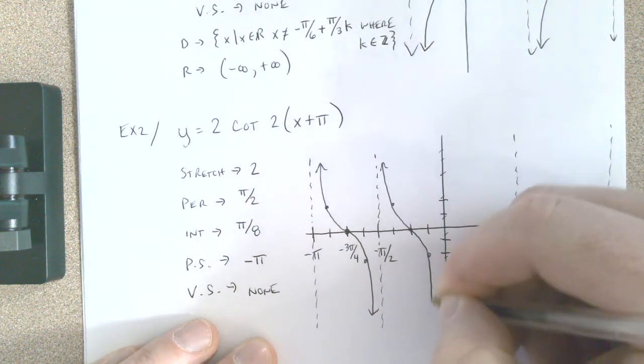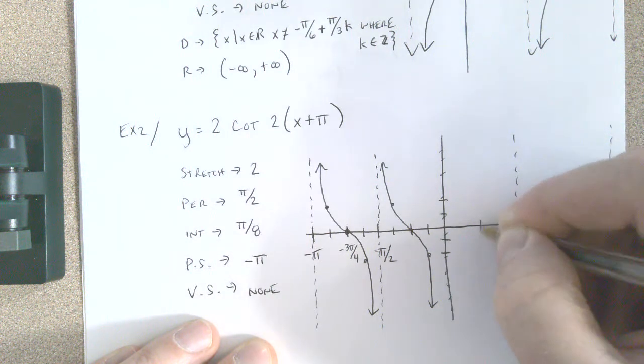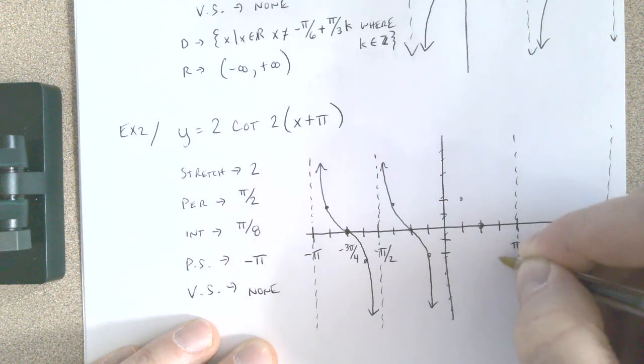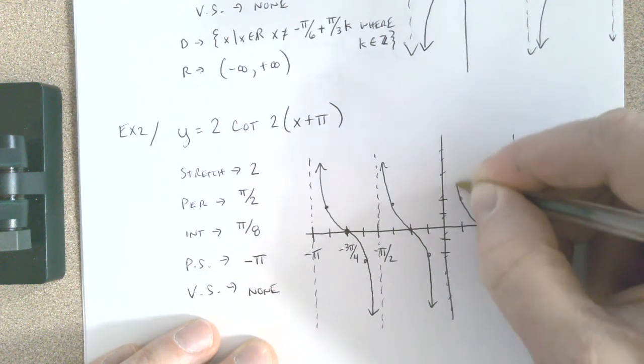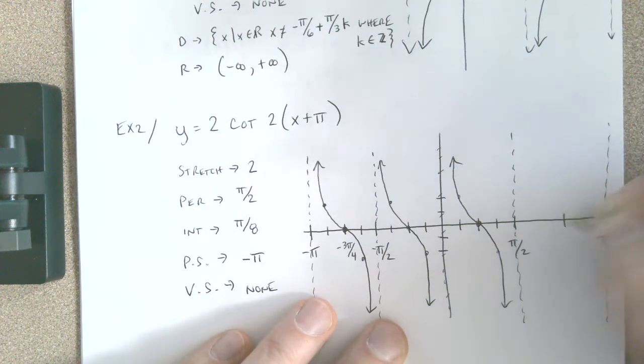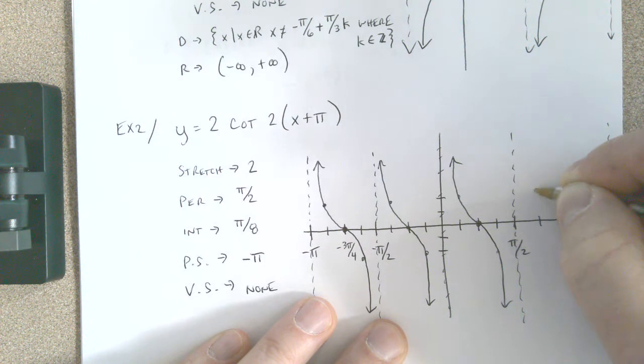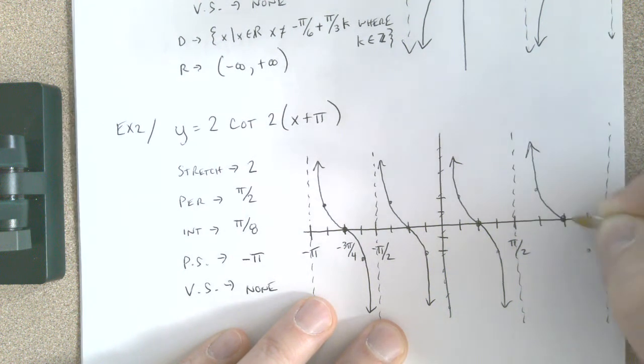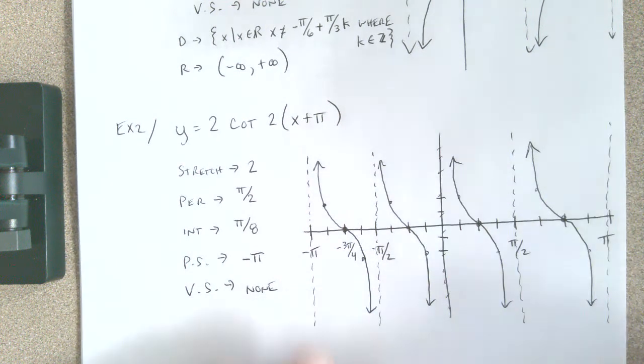Up and to the left, down and to the right. And there would be my cotangent curve.